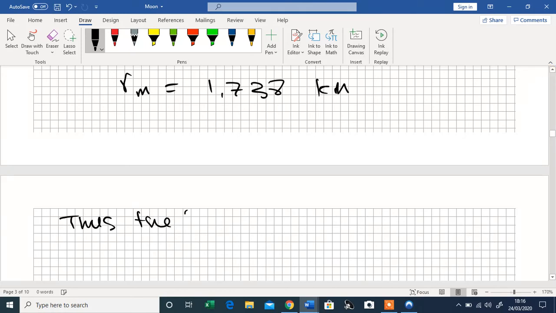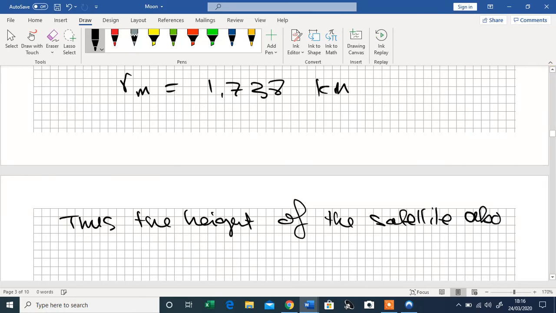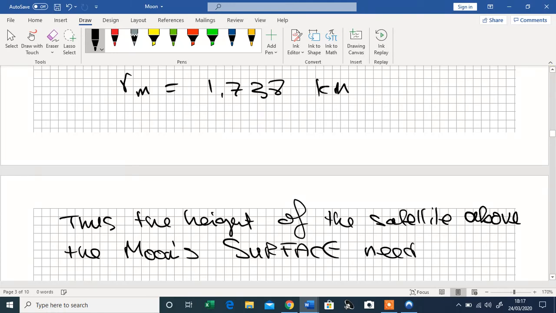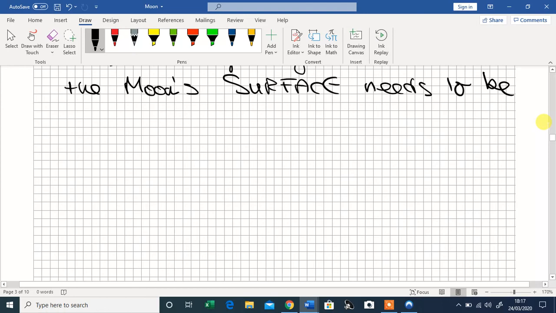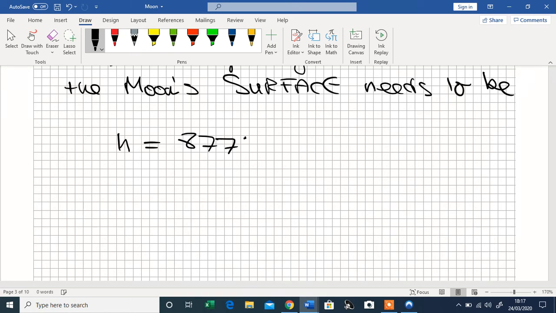Thus the height of the satellite above the moon's surface needs to be, we'll just call it lowercase h, 87,755.32668.